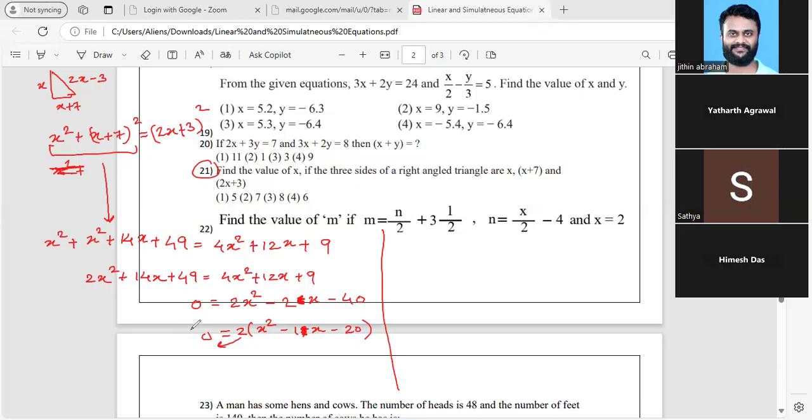Sir, splitting the middle term. Yes, we split the numbers and then factorize. So basically we can split the number and see. After this, we'll be doing the chapter on quadratic equations. Don't worry. Since we are on a flow, I'll just do it for you. Even if you're not understanding this, don't bang your head.